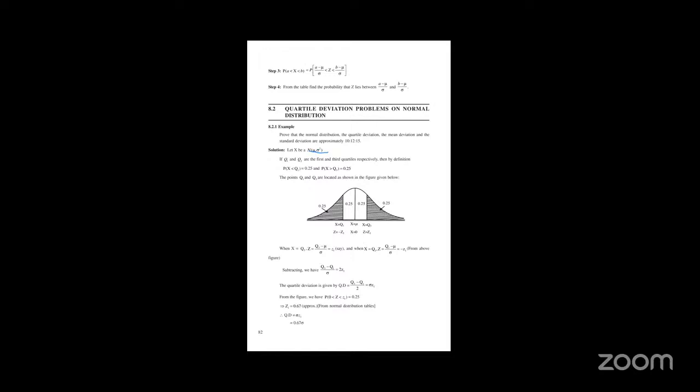We can assume mu and sigma square as the mean and variance, and we can take the standard deviation from that as well.